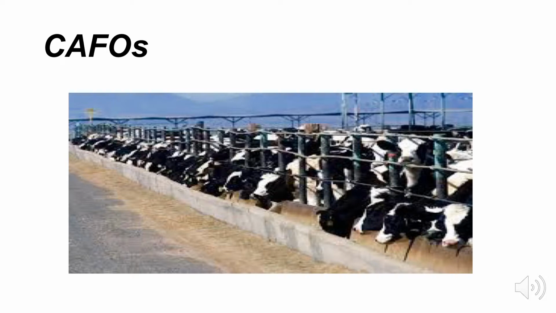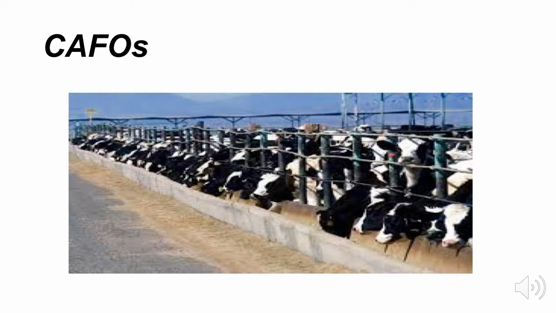About 40% of all the beef we raise in the United States is raised in confined animal feeding operations. Now, this may be an efficient way to produce meat products, but it greatly concentrates animal waste. And if that animal waste is not handled properly, that waste can leak into the environment, particularly our surface waters.